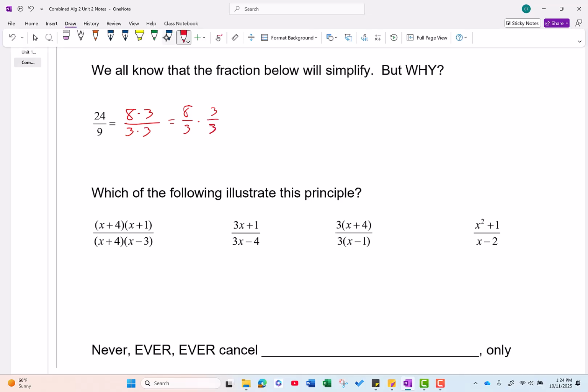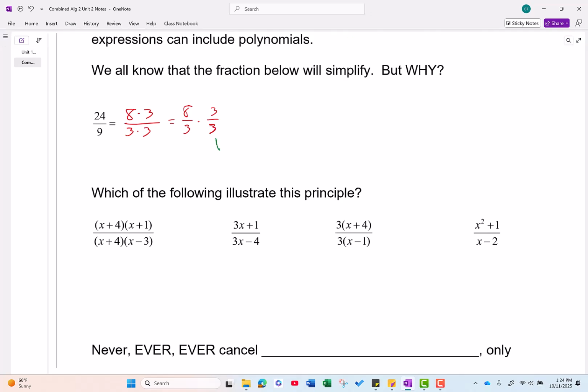Well, what does 3 divided by 3 equal? 1. So I can then cancel those out because it's 1. Anything divided by itself is 1. So my final simplified answer is 8 over 3.